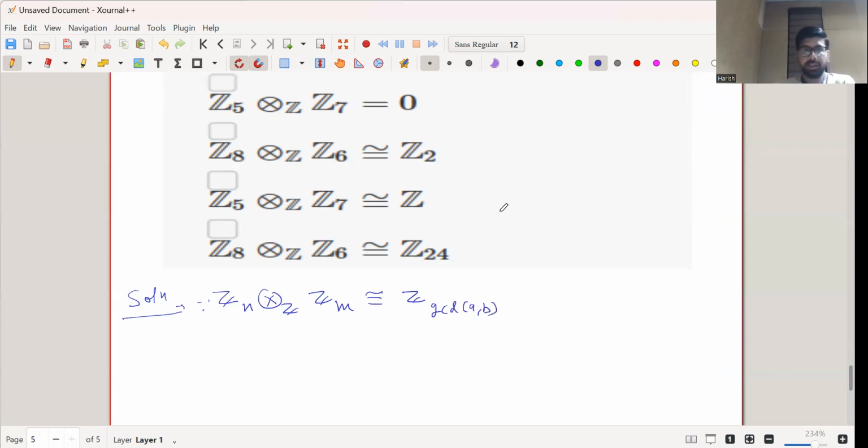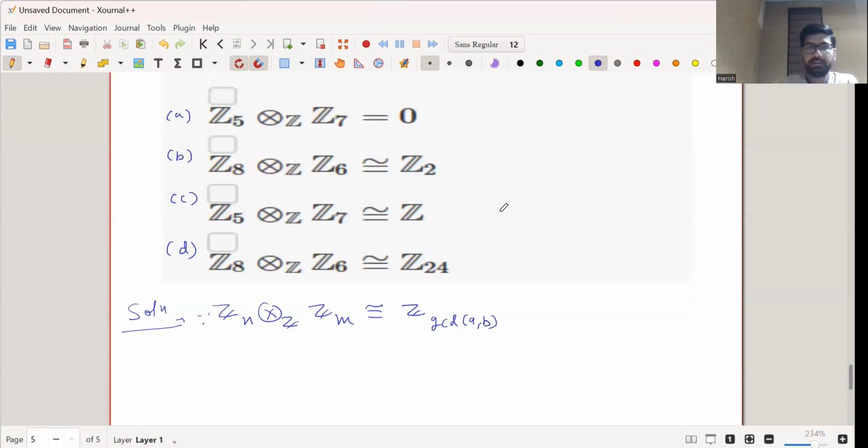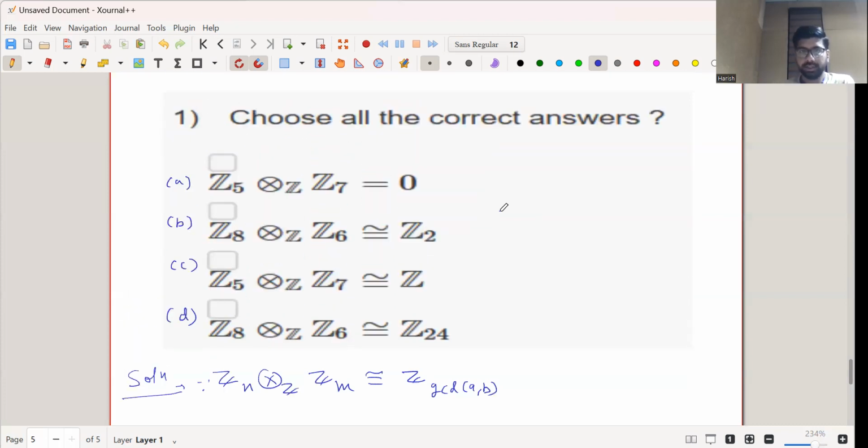So just use this. Let's say this is A, this is B, this is C, this is D. Simply see what the GCD of 5 comma 7 is: it is 1. And Z1 is nothing but 0, so there is only a single element in Z1, that is 0. So this option is correct.